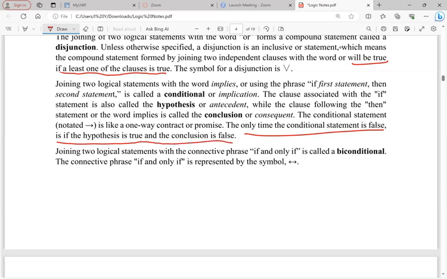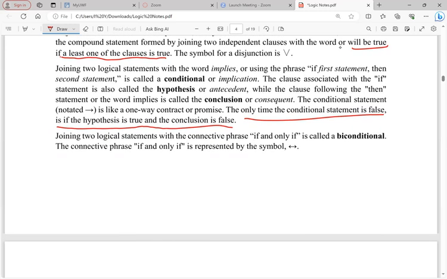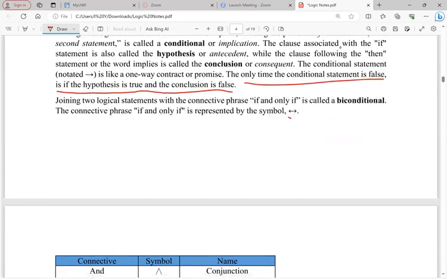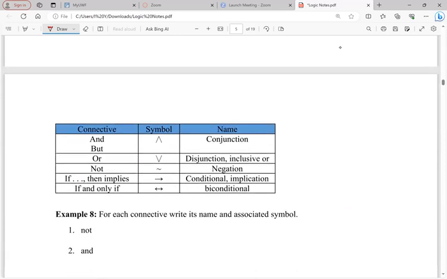And the last one we have here, joining two logical statements with the connective phrase if and only if, is called a biconditional. The connective phrase if and only if is represented by the symbol arrow going both ways.